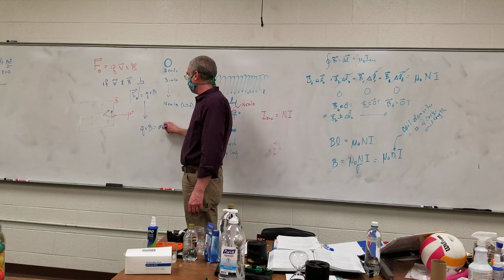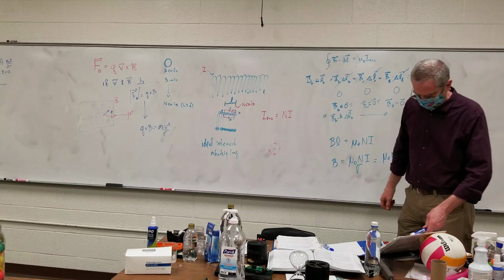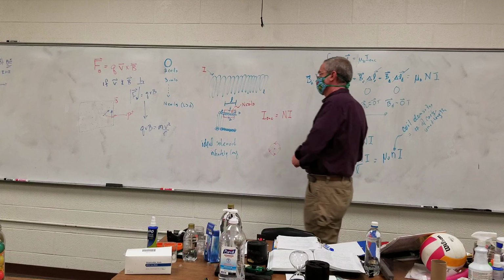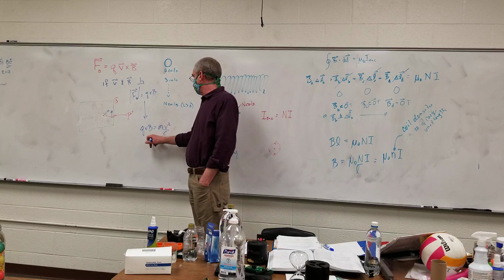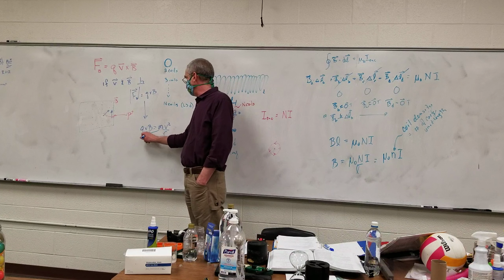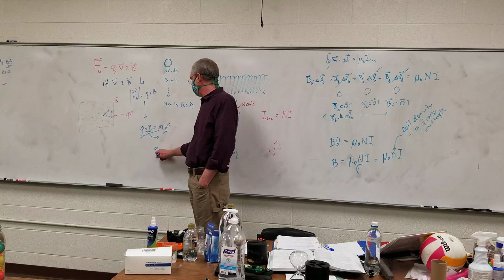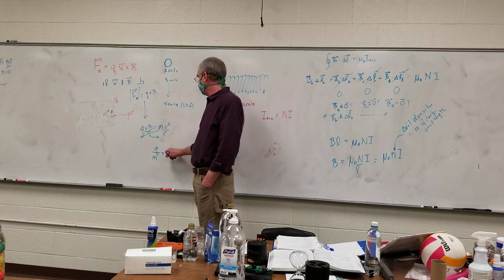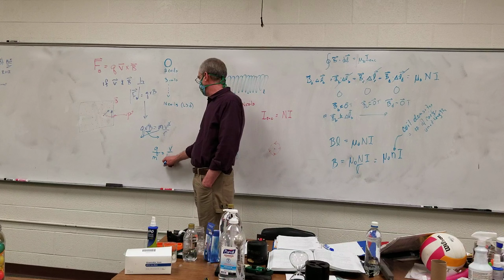That's got to be equal to mv squared over r, or m omega squared r if you prefer. And so if we solve for, so much we can solve for. Let's solve for q over m. So I'm going to bring m over and bring vB over this side. So I'm left with q over m is equal to, well, that v cancels out with one of those, and I'm left with v over Br.